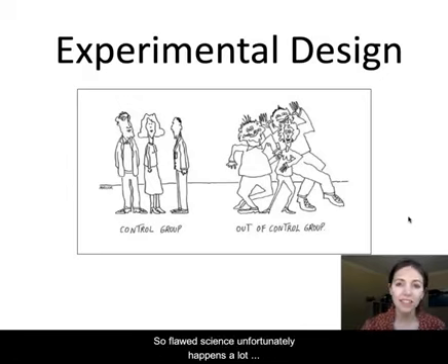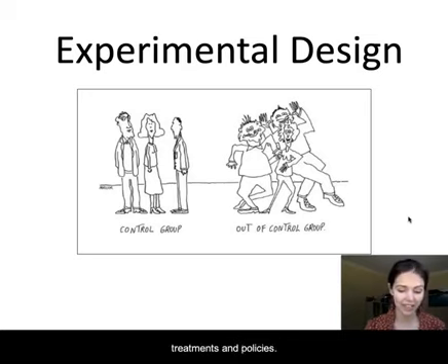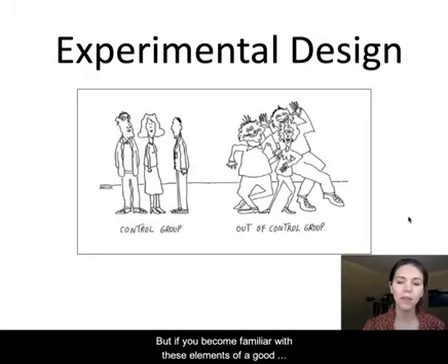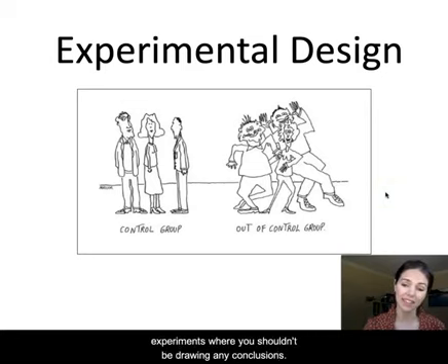So flawed science unfortunately happens a lot more than we know, a lot more than we want it to. Flawed science can and has impacted healthcare treatments and policies. But if you become familiar with these elements of a good experiment, you can also learn to distinguish between good and rigorous research and then poorly designed experiments where you shouldn't be drawing any conclusions.